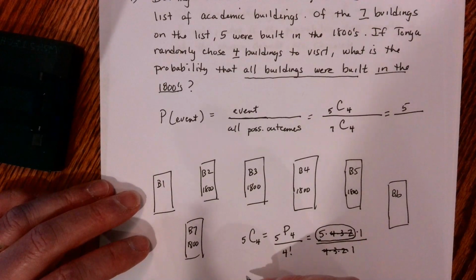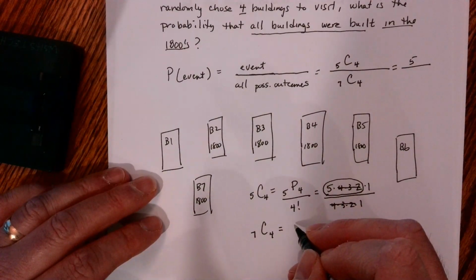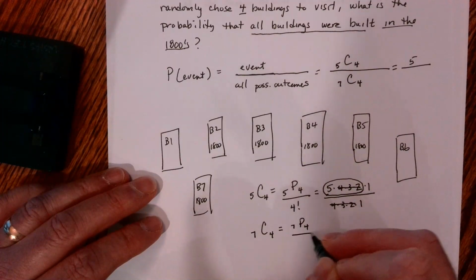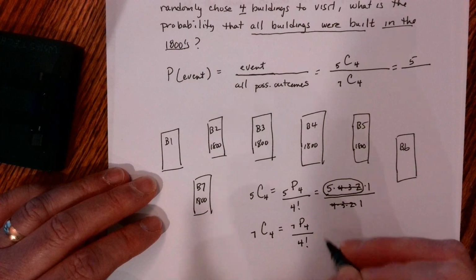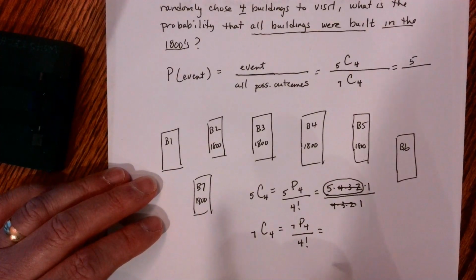Now, what about the total possible outcomes? Well, that's going to be 7 buildings picked 4 at a time. Okay? So that's going to end up being what? The permutation of 7 picked 4 at a time, all divided by 4 factorial. Again, we should already be able to do our calculations for 7 items picked 4 at a time.